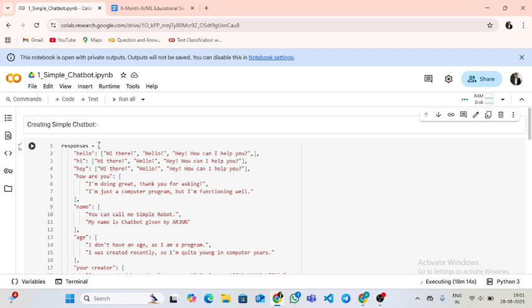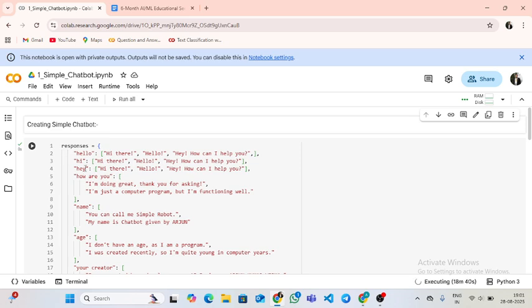Responses is the first step: when the user gives input, the chatbot has responses. If the user gives input hello, the chatbot may respond hi there, hello, how are you, how can I help you. Out of these three, it can respond with any one. So this was the main topic.